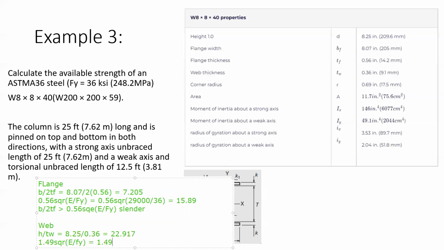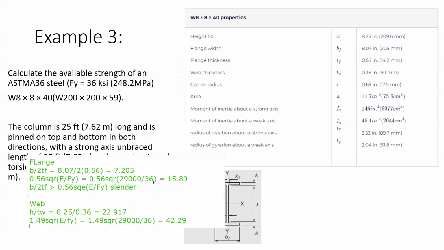So 1.49 times square root of 29,000 over 36, bali po 42.29. So again, it is less. So this is H over TW is less than 1.49 square root of E over Fy. Therefore, we will consider this as slender.